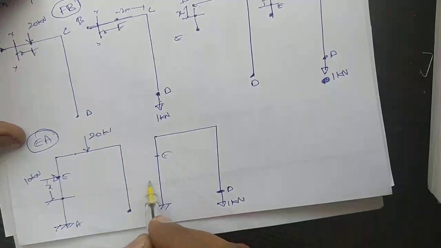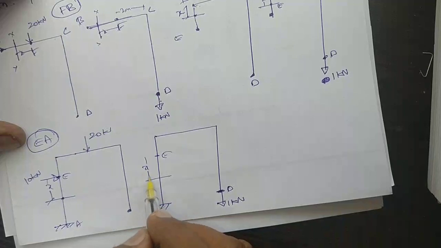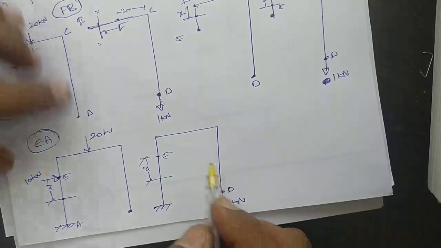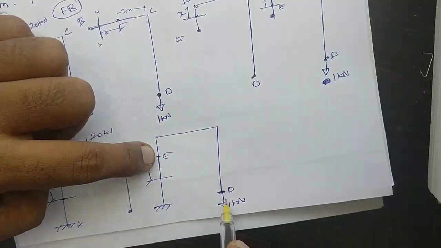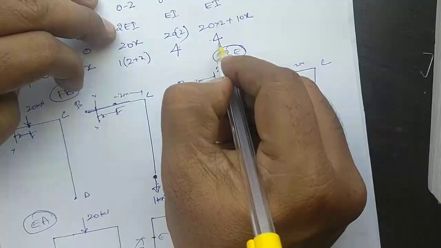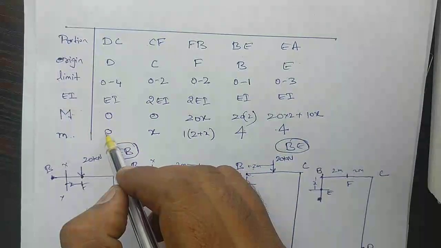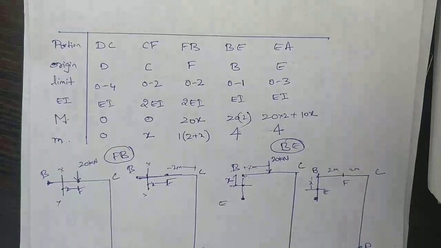This is your E and this is your x. Now if you want the moment small m, this is 1 into 4. This will become 4. This is how we got M, small m, for all the limits.